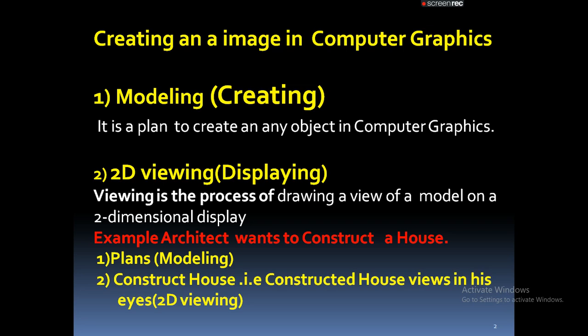So these are the two concepts we are using in this topic. One is called modeling, the second is called viewing. So I would like to repeat: modeling is nothing but creating an object, viewing is nothing but displaying the created object on the screen of the monitor.